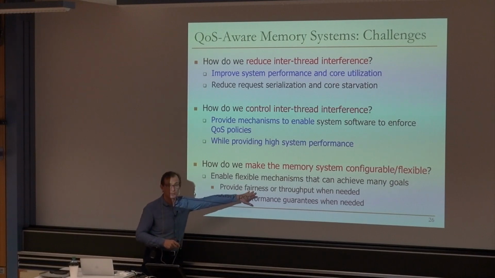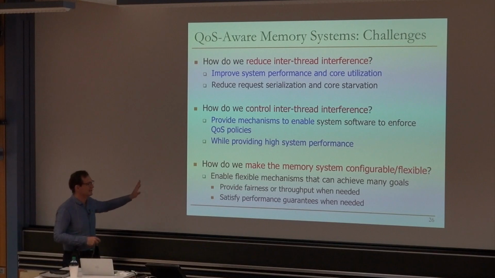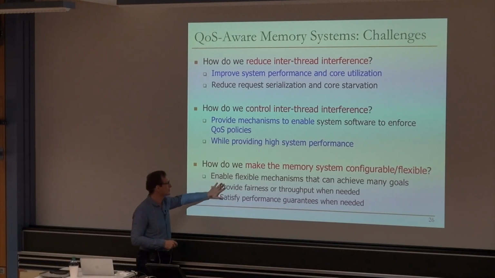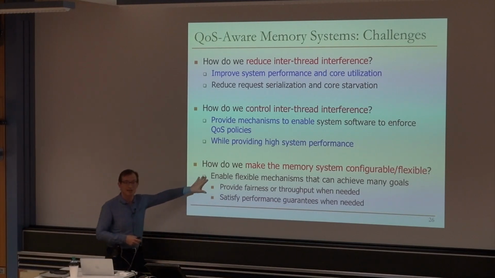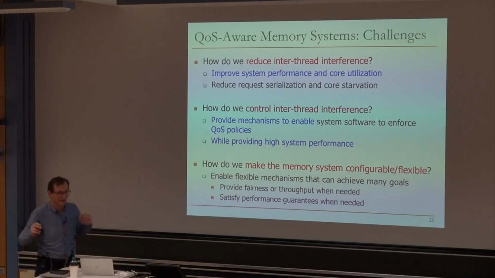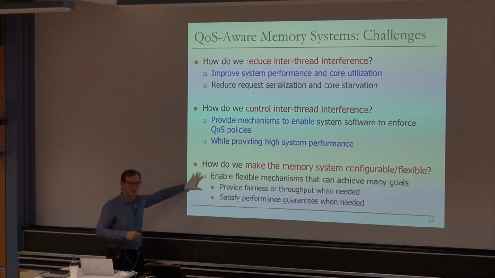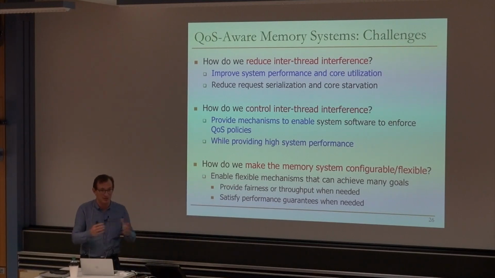Sometimes you care about throughput, sometimes you don't care about it. Sometimes you care about latency, sometimes you care about bandwidth. So there are many different potential goals, and sometimes you care about performance guarantees, clearly. How do we actually have a flexible memory system that can switch between those different goals or satisfy different goals at the same time? This is a bit harder to achieve, of course, going forward, but this is also very important. That way, actually, you can be more efficient.